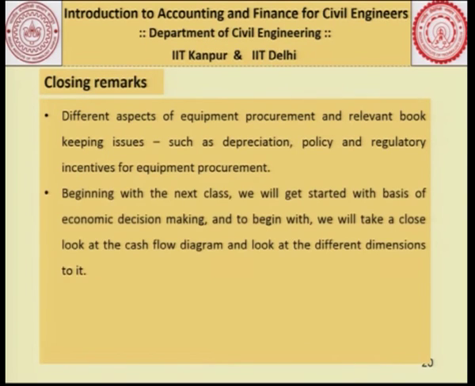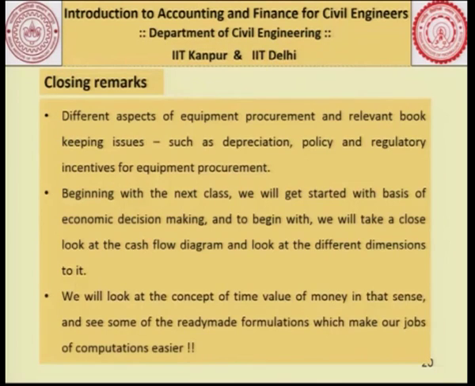And beginning with the next class, we will get started with the basis of economic decision making, and to begin with, we will take a close look once again at the cash flow diagram and look at some very interesting dimensions of that diagram. We will also look at the concept of time value of money in that sense and see some of the ready-made formulations that are available which make our jobs of computation easier.